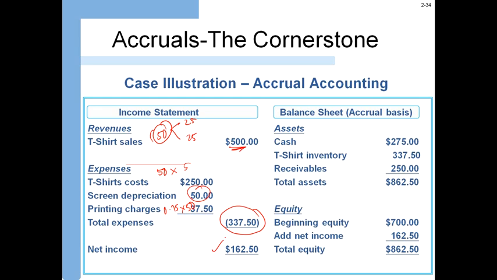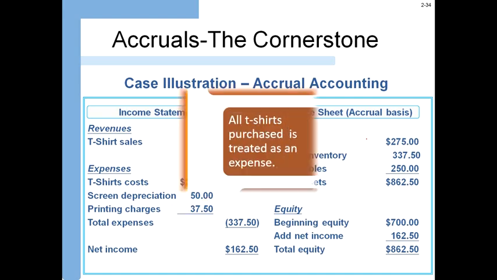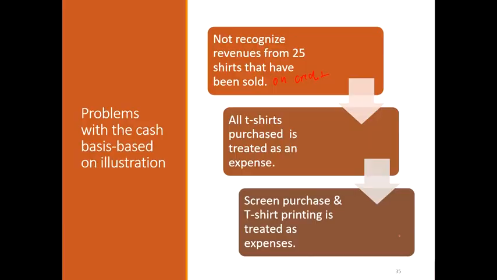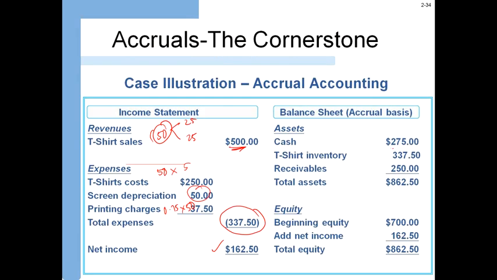Kalau kat balance sheet pula, so cash based on cash flow tu kan kita ada 275. So cash kita 275 lah. So t-shirt inventory ni ialah yang unsold punya, yang another 50 pieces.